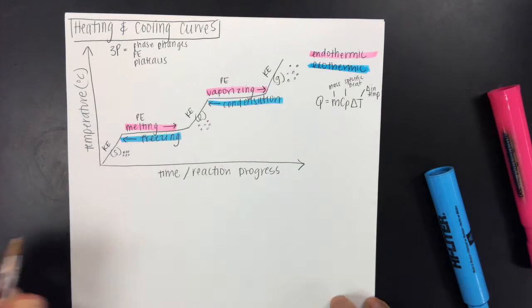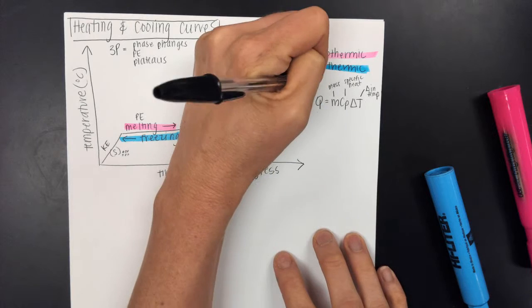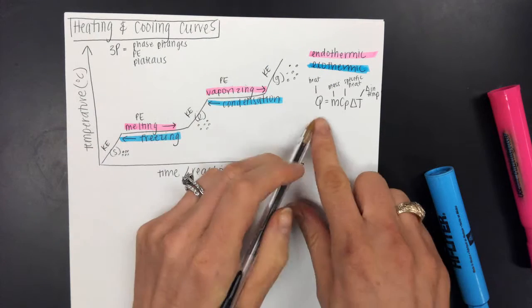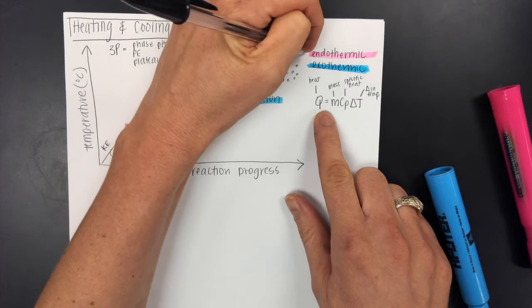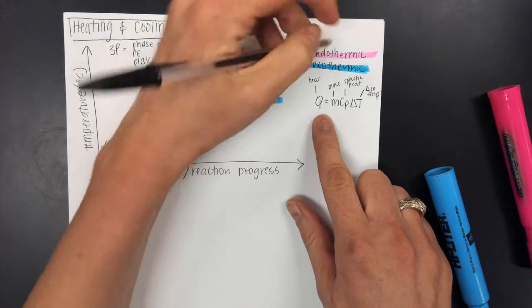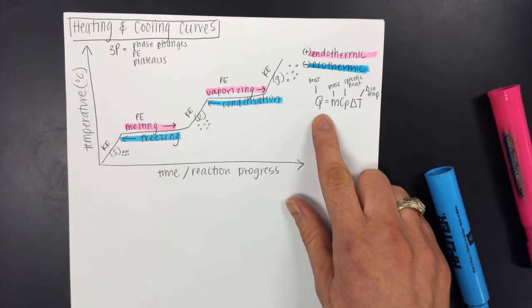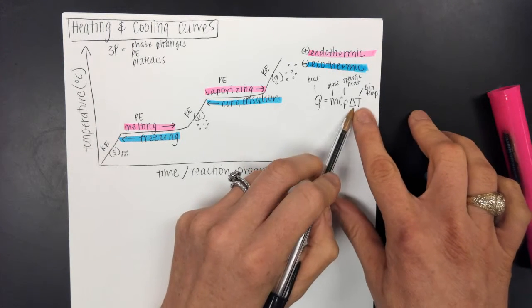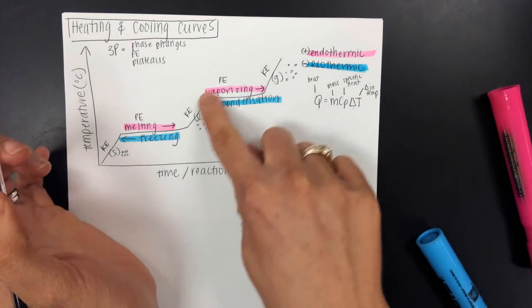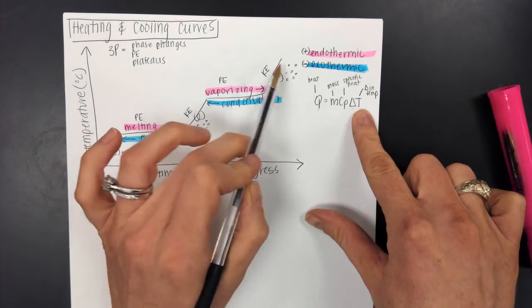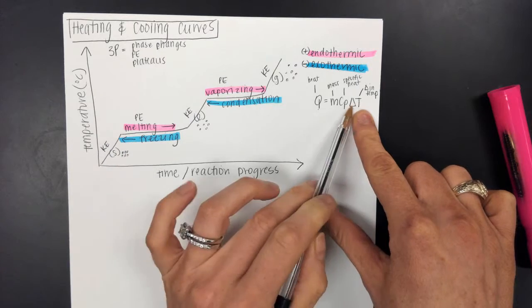Q is your heat. Q can be positive or negative. If it is positive, it is endothermic, and if it is negative, it is exothermic. Same with your change in temperature. If your temperature increased, if it warmed up, heating curve, then it's positive, and if it's cooling down, it's negative.